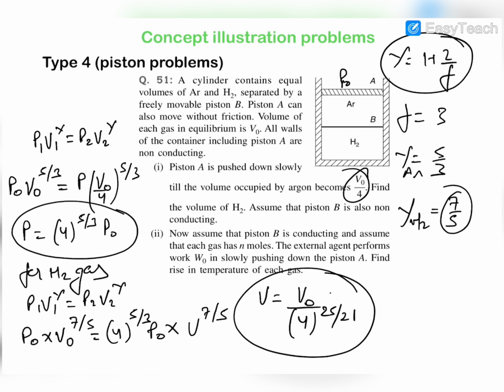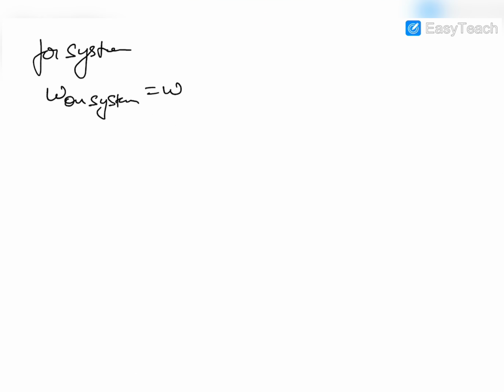So we can say that for the system, work done on the system is equal to W naught, and work done by the system is equal to minus W naught.